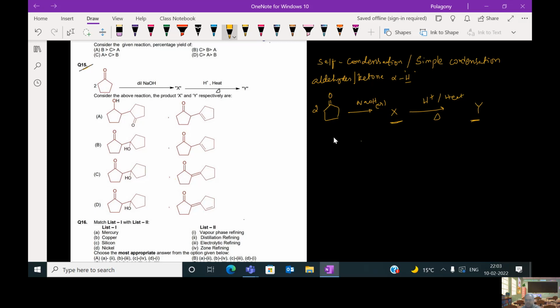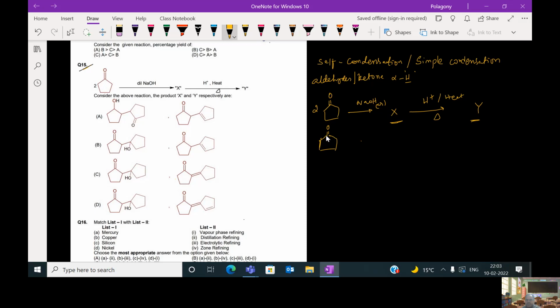As you know, aldol condensation is associated with the removal of alpha hydrogen. Now I am taking one cyclopentanone. Here is the functional group, and the carbon just adjacent to it is the alpha carbon.